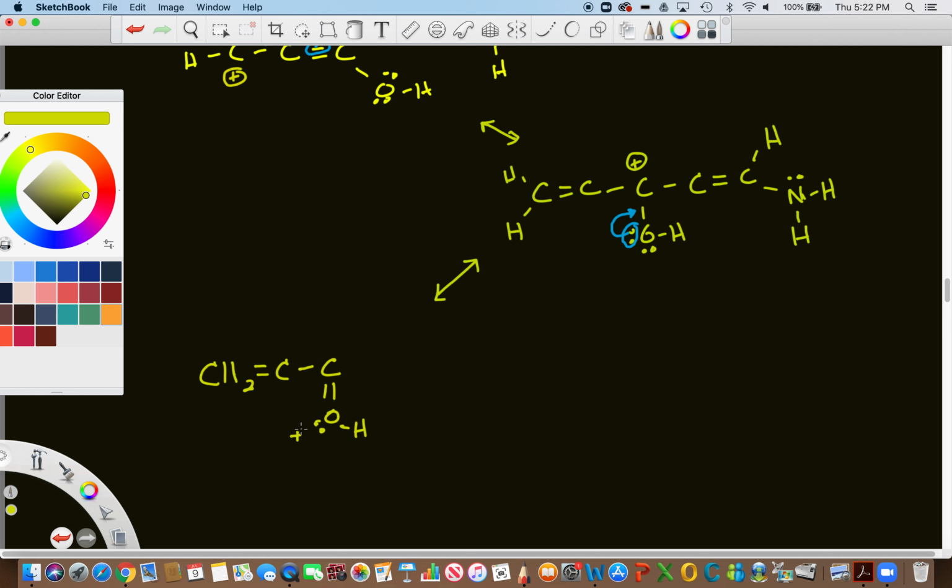Now that oxygen is going to be positive charged. So that's another resonance structure.